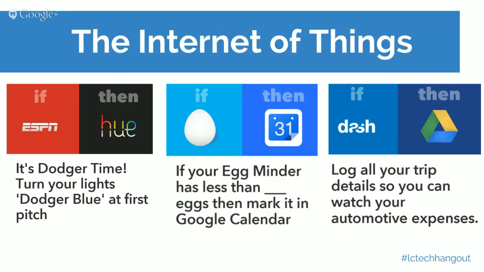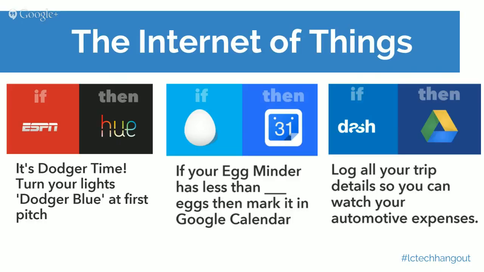The egg minder tells you how many eggs you have, so you put all of your eggs into this thing. And then there's quite a few different ways. You can make this an iOS notification, but when your eggs get down to a certain level, then it tells you. You get a notification on your phone that you need to buy eggs, which I think is, I guess, awesome and creepy all at the same time.